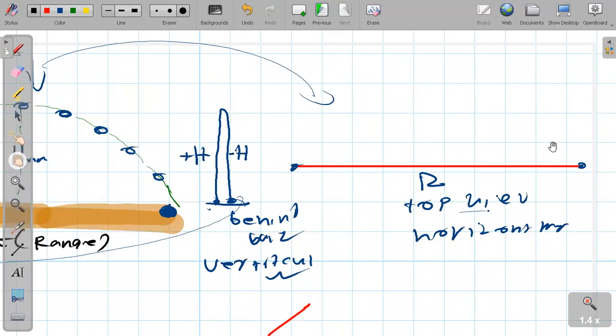Quickly put them down. I wrote behind view here, but you don't need that. Vertical component, positive height and negative height. The horizontal component is only the range.